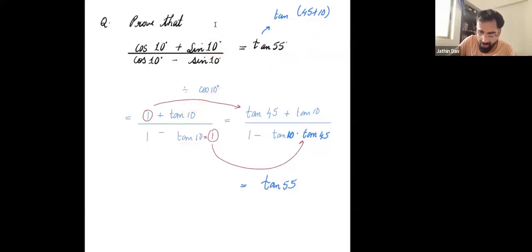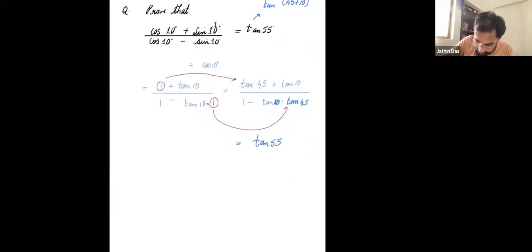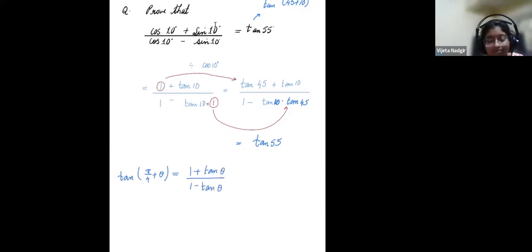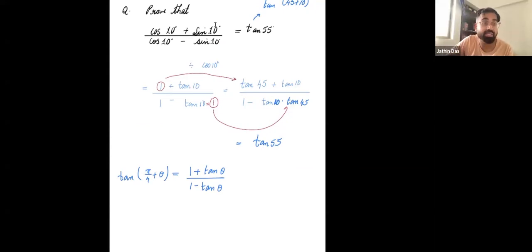Now what I'm trying to tell is tan pi by 4 plus theta. Can I write it as 1 plus tan theta by 1 minus tan theta? This, maybe in calculus, maybe in integration, you should remember. Whenever 1 plus tan theta by 1 minus tan theta comes, you have to write tan of pi by 4 plus theta.